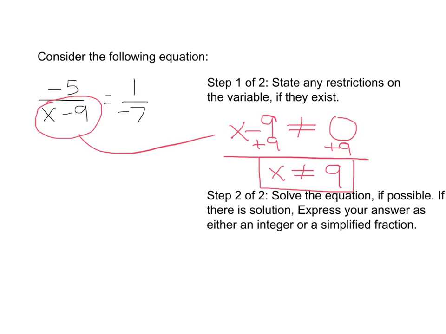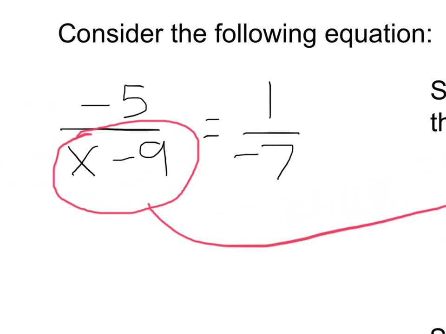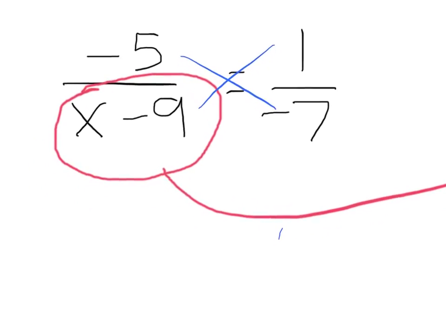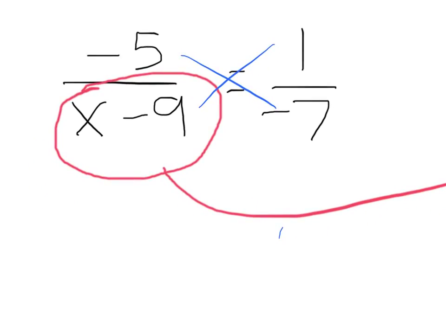In step 2, solve the equation if possible. So we're going to do what we did on the previous problem. We've got one fraction equal to another fraction, so we can cross multiply. This one's going to look a little bit different when we set it up. But we've got negative 5 times negative 7 is equal to 1 times x minus 9.